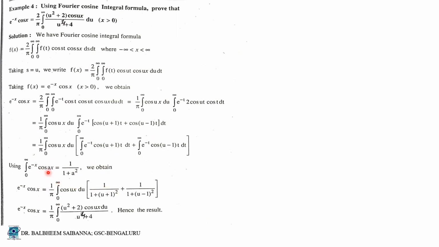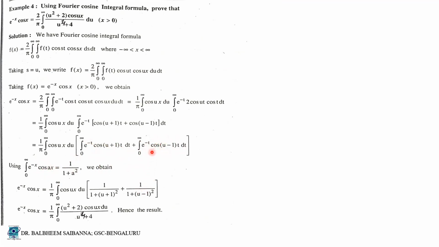Wherever a is there, we have u plus 1, and wherever x is there, here t is there, nothing changed. The same goes for u minus 1. This integral is the same as that integral, where the variable is x in one and t in the other. That's all.